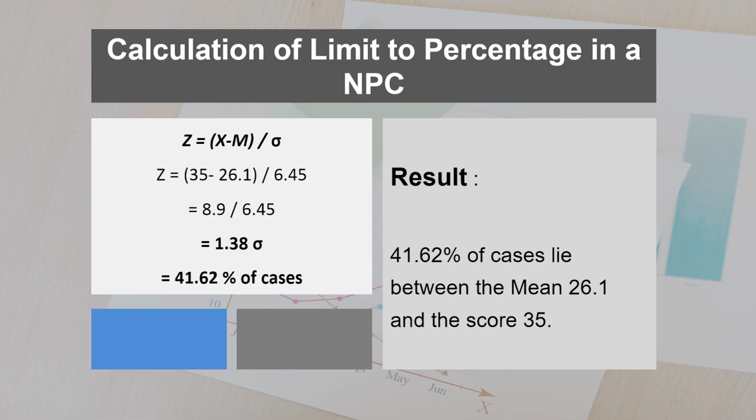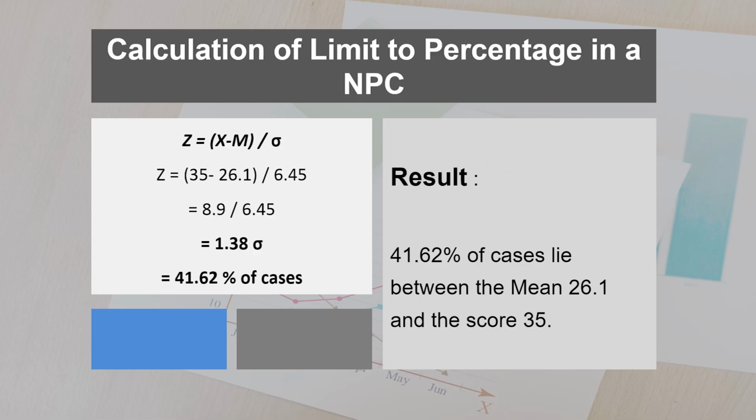Now let us go forward. Here you see 1.38 standard distance or standard deviation is equal to 41.62 percentage of the cases. So in result we can say that 41.62 percentage of the cases lie between the mean and the score 35. The individual score was 35 and the mean score was 26.1.